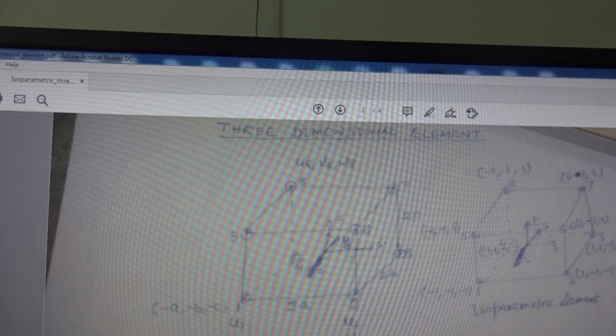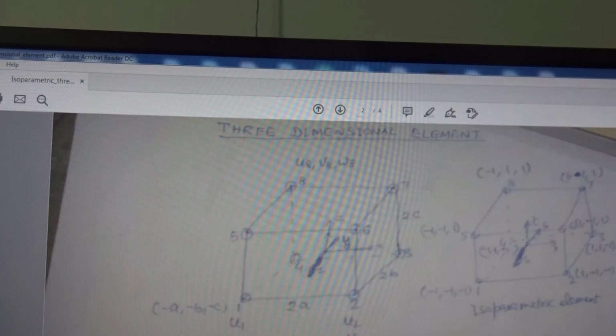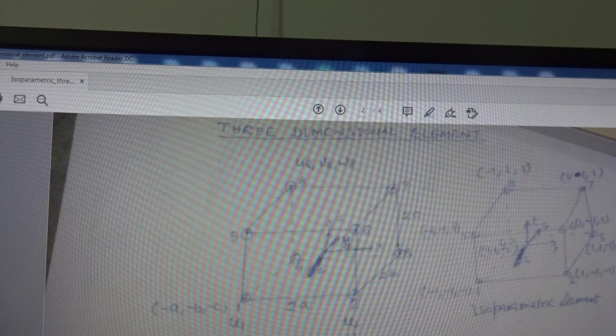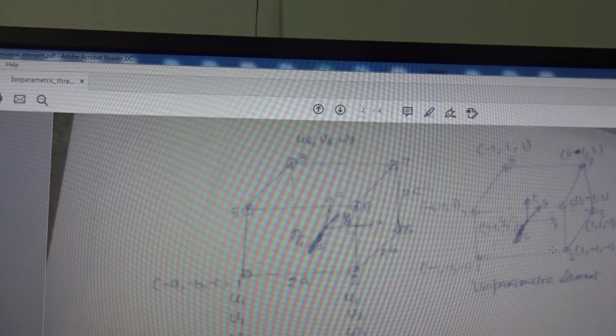It will be discussed. So here the element is changed into the isoparametric element, and nodes 1, 2, 3, 4, 5, 6, 7, 8 corresponding to this isoparametric element are shown in the figure.